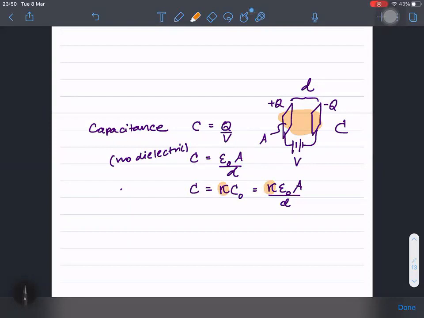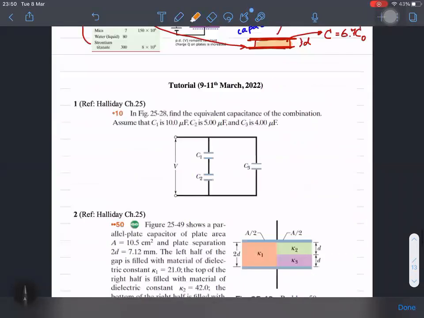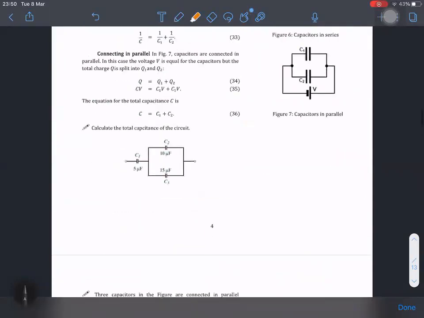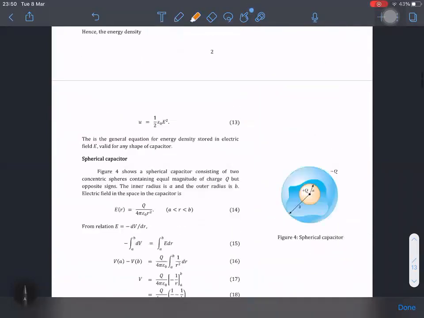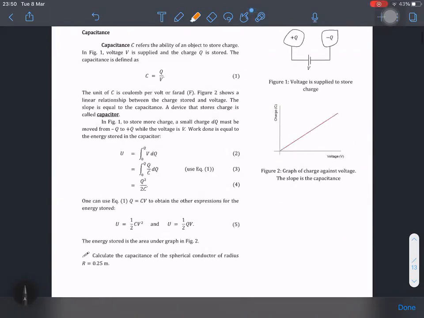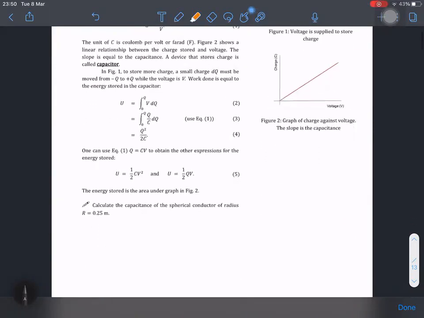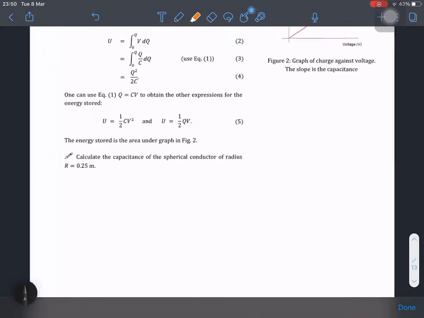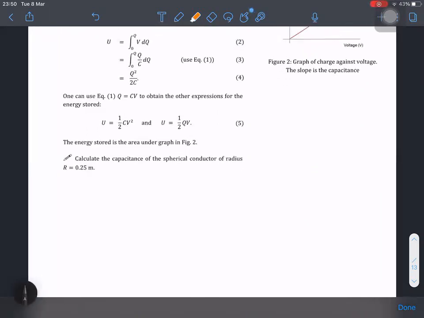Okay, so now let's jump into some examples. For number one, they ask to calculate the capacitance of a spherical conductor of radius r.